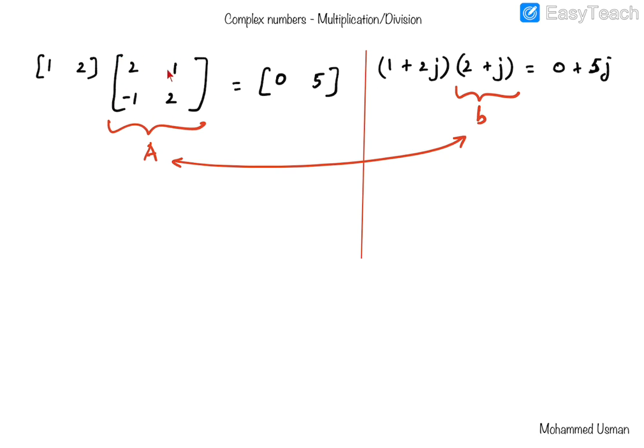So we see that this matrix A has elements which are related to this complex number that we are multiplying to this first complex number. So the first column of this matrix is the real and imaginary parts of the complex conjugate of this B, and the second column denotes the real and imaginary parts of the complex conjugate of B multiplied with J. Basically what we're saying is this column denotes the real and imaginary parts swapped with each other.